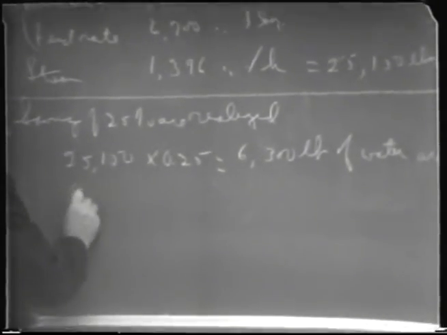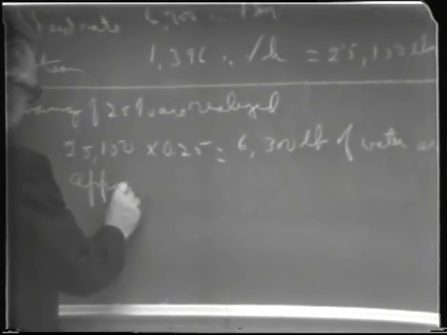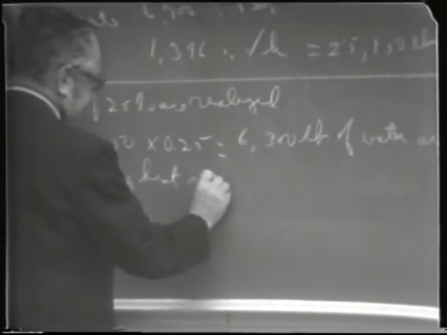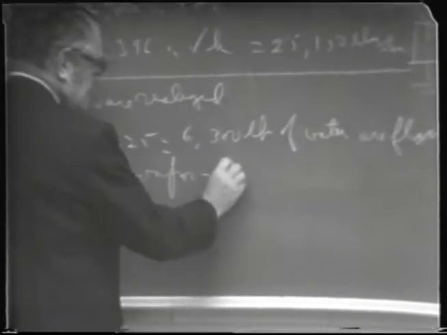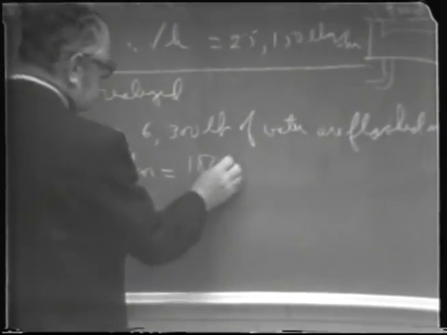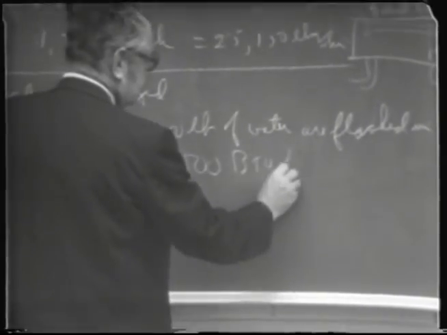So the approximate heat of vaporization is a little less than 1,000, but I just use 1,000 BTUs per pound.